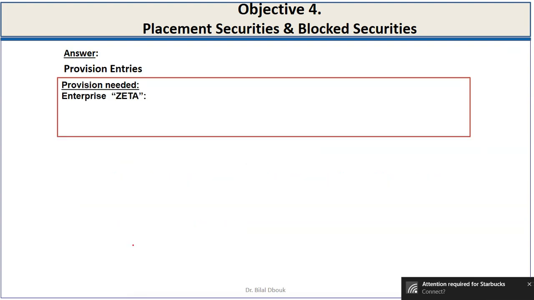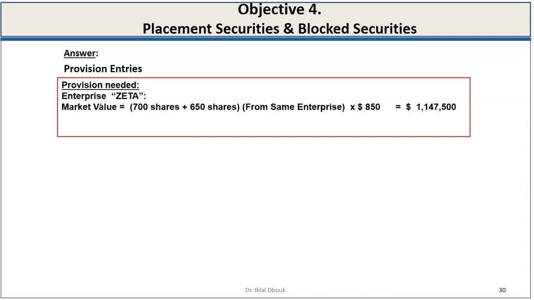So the provision needed for Zeta Enterprise: I have the market value, which equals 700 shares for the first one bought plus 650 shares from the same enterprise, times 850. I have a total market value of $1,147,000.